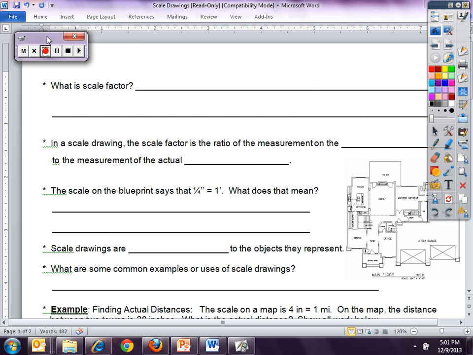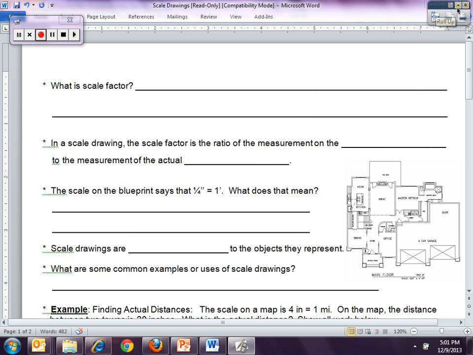All right, on page 80, we have our definitions of scale factor and some little guided notes. So we are going to talk through what is scale factor. Scale factor is also found on your notes, your vocabulary sheet, but it is a ratio between two sets of measurement.